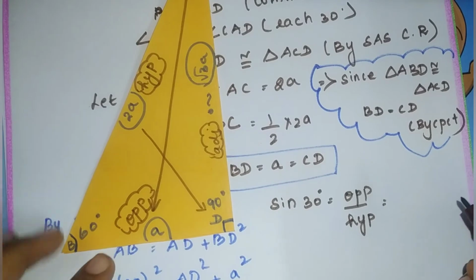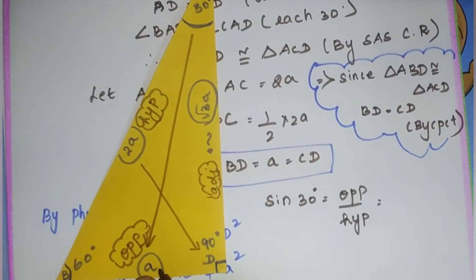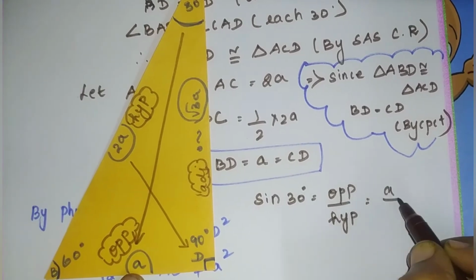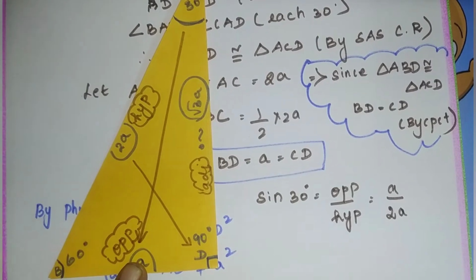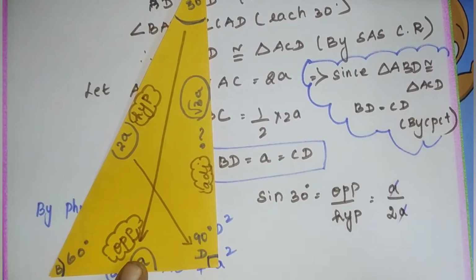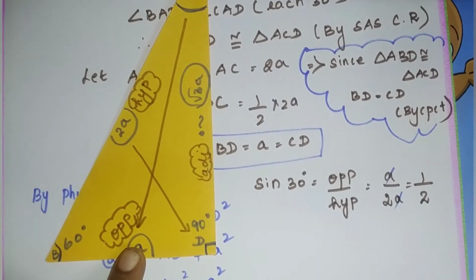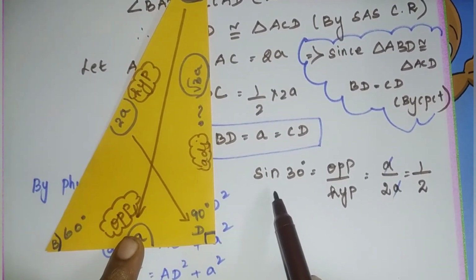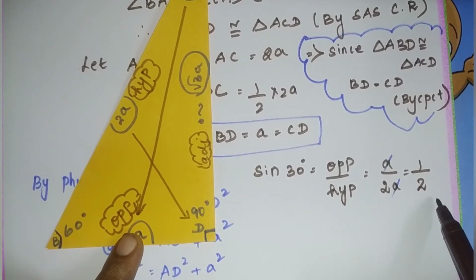Opposite is A, divided by hypotenuse is 2A. We can cancel A and A. The remaining is 1 by 2. Clear, all of you? So now we find the value for sine 30 degree, that is 1 by 2.